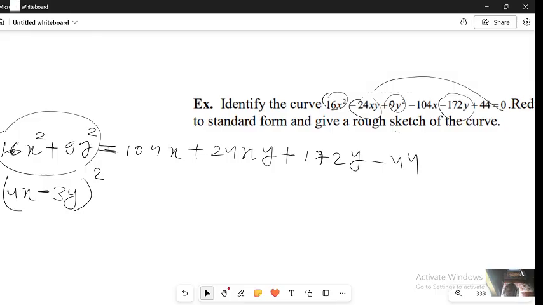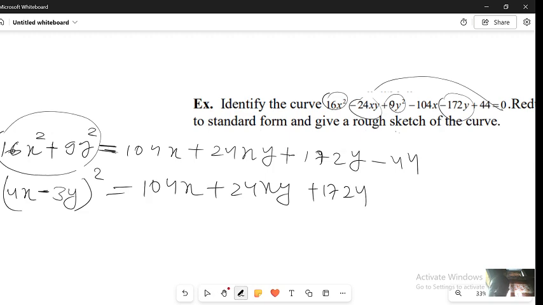So it's going to be equal to 104x plus 24xy plus 172y minus 44, and then minus 24xy, because if I develop this one, it's going to be minus 24xy.